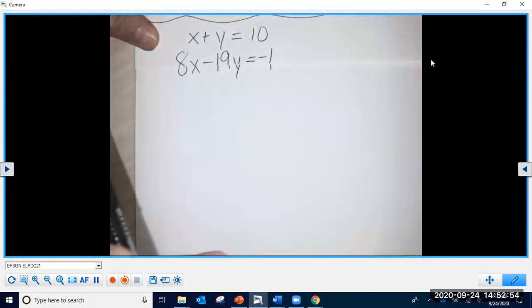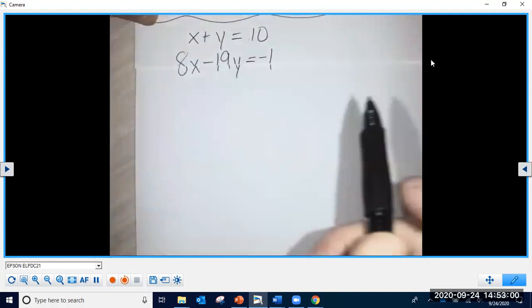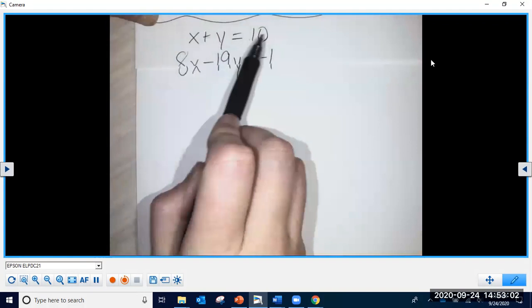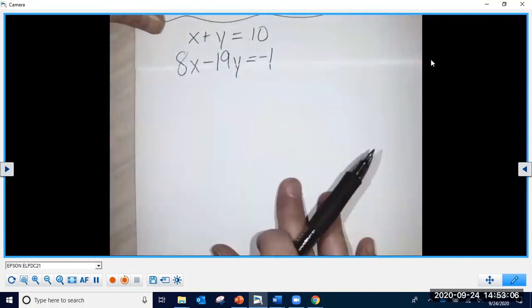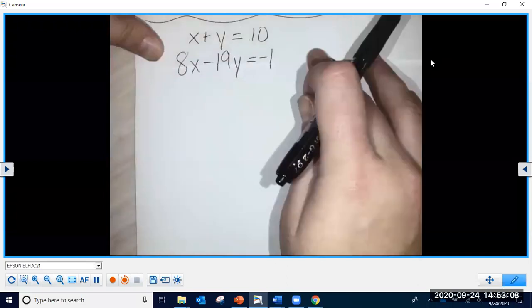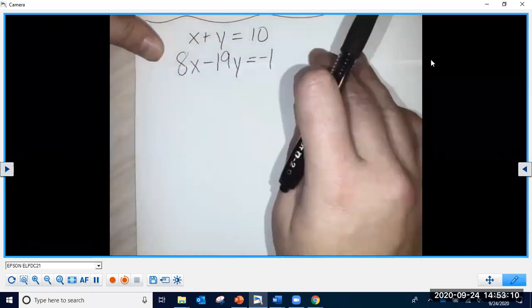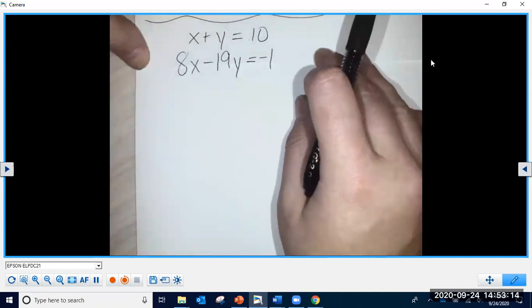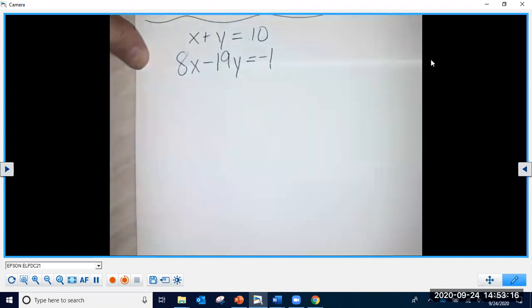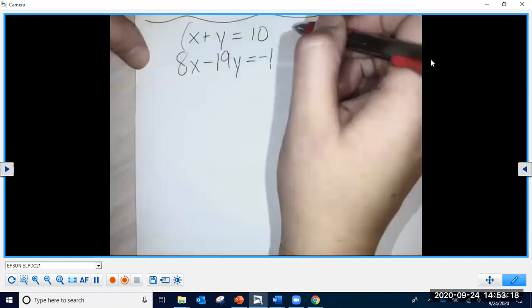Or you can still use elimination. Which one do y'all want to do? Like I could solve this for x and then plug it in for x here and do the same thing with y. Do y'all like elimination since we've been doing that? Is that what you want to do? All right, let's do that, because I don't want to confuse you any more than you probably already are.